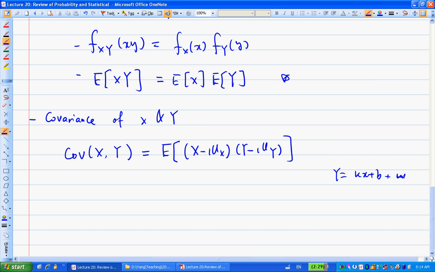Then you'll see that the covariance of X, Y will tell you that trend. If you expand what's inside the bracket, that's XY, and then minus the X by that.